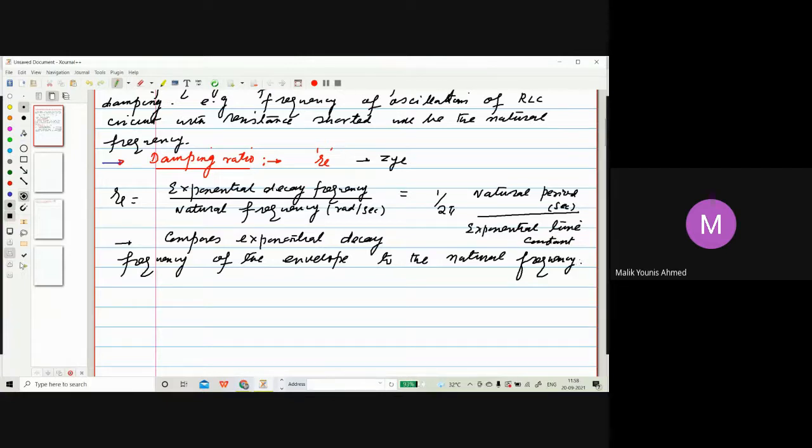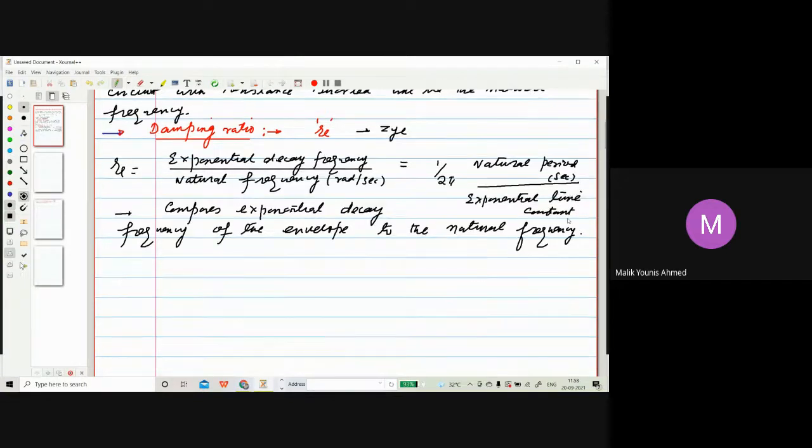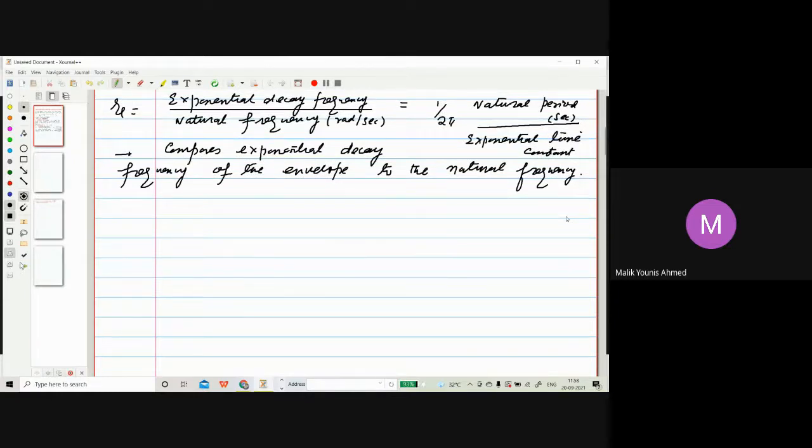This is what xi means. It is a ratio of the exponential decay frequency divided by the natural frequency.